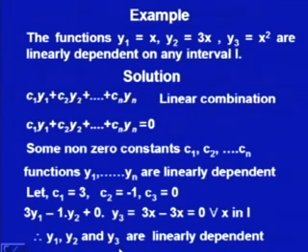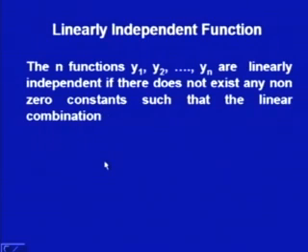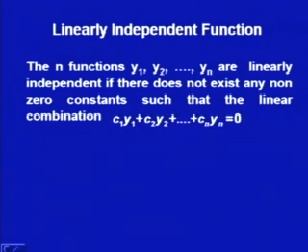Now, let us revisit the definition of independence also. In the general solution we require n linearly independent solutions. So what would we call linear independence? For n functions, again we use the linear combination. The n functions y1, y2, ..., yn are linearly independent if there does not exist any non-zero constants such that the linear combination C1 y1 plus C2 y2 plus ... plus Cn yn is 0.